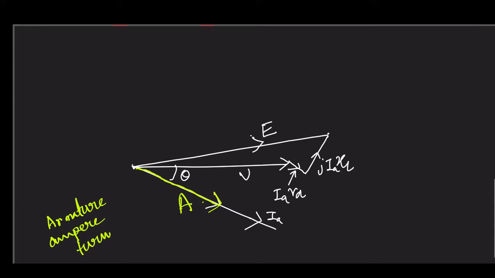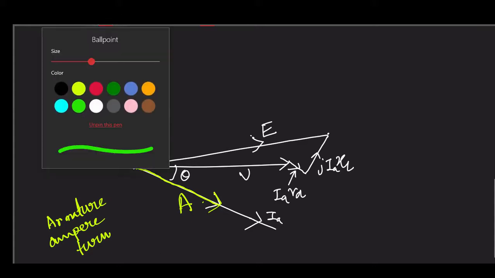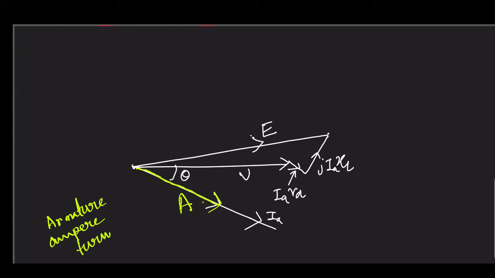Now, this E is the voltage induced across our transformer winding. If we go by our previous knowledge, we consider the transformer winding to comprise only two components: one is the leakage inductance, that is XL, and another one is RA.